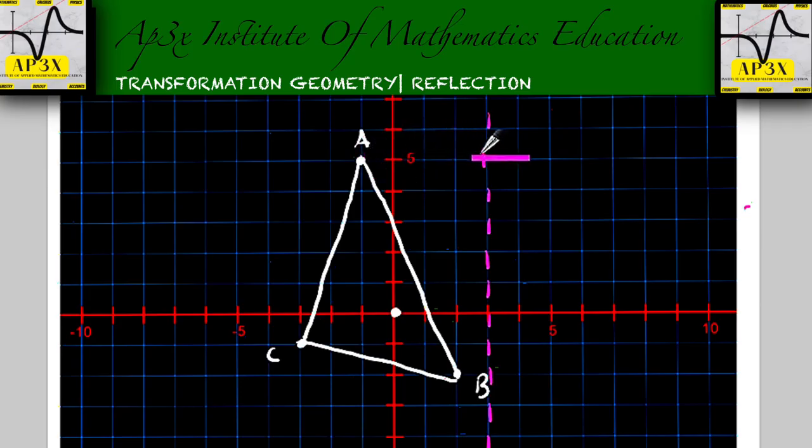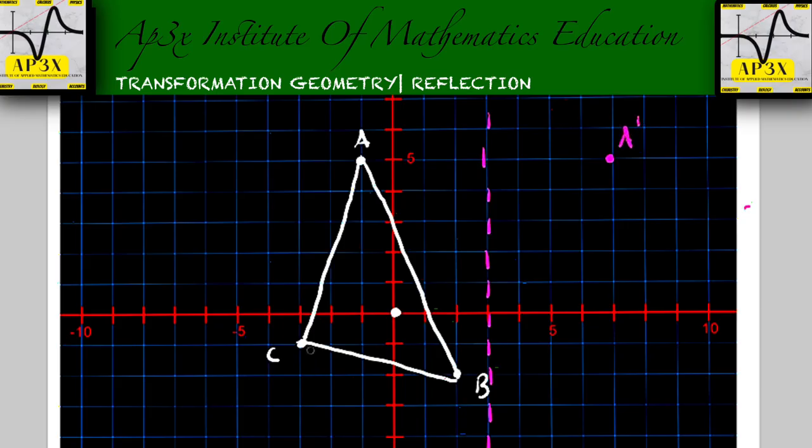From A going towards this pink line is 1, 2, 3, 4 units on the left side. So automatically it's going to be 1, 2, 3, 4 units on the right side. That's going to be my A prime.